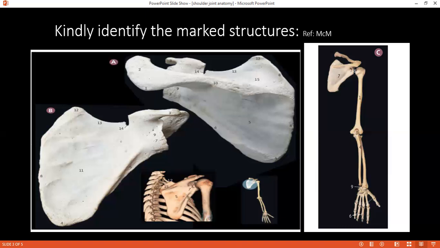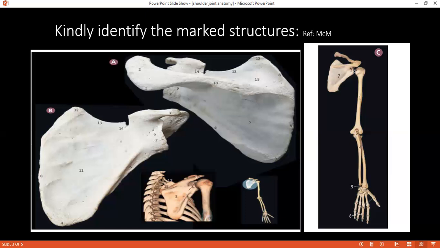Can you please tell me the nerve supply of the subscapularis muscle? Upper and lower subscapular nerves. Good. Can you tell me the origin and insertion of teres minor? From the lateral border of the scapula, and it inserts into the greater tuberosity of the humerus.